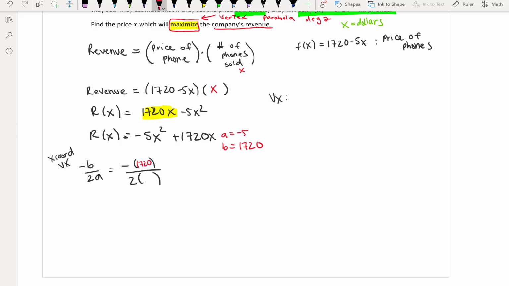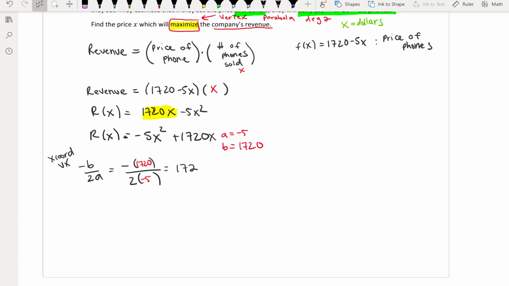The a value that I'm plugging in is negative 5. When I plug that into my calculator, I get 172. That's going to be the x coordinate of my vertex, and that's exactly what I need.